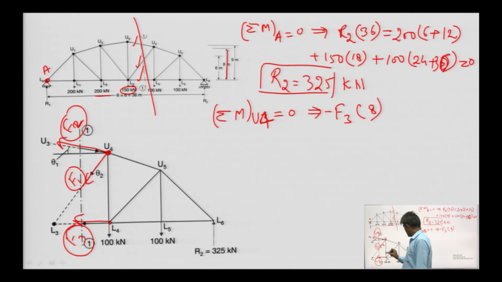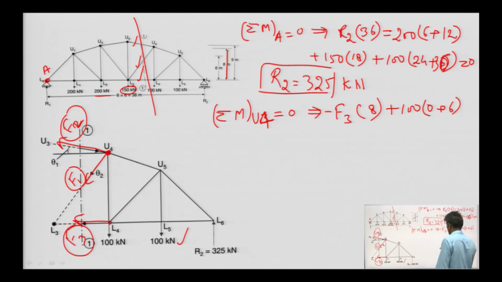Another 100 into perpendicular distance is 0. But for this 100 kilonewton the perpendicular distance will be 6 plus 6, plus 6.